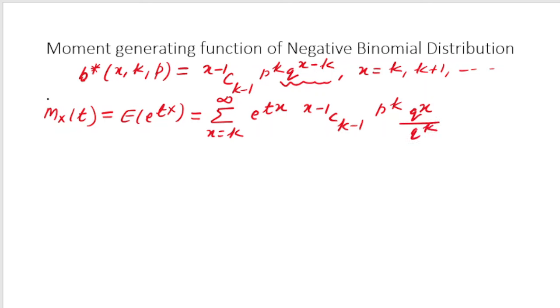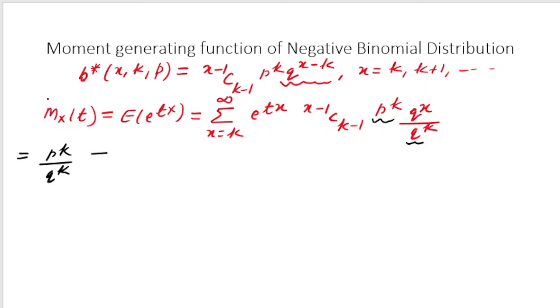Okay. Now continuing this, p to the power k and q to the power k are constants, so I take both these terms out of the summation, p to the power k over q to the power k.